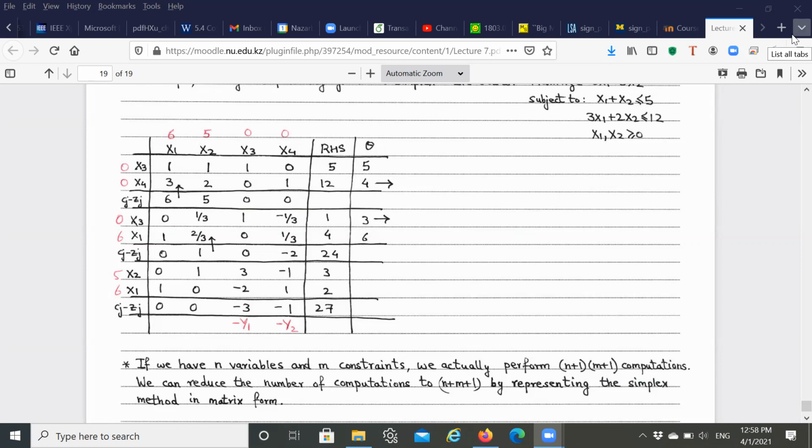Solving an LPP problem, it would be more computationally efficient if you have fewer constraints in general. So we try to find a problem which has fewer constraints. If a primal has a large number of constraints, by converting it into its dual, the number of constraints reduces. Do that and solve the dual, and in the last step of the dual, you will actually get the same solution.